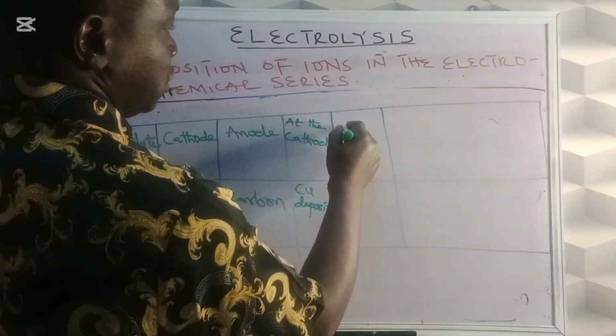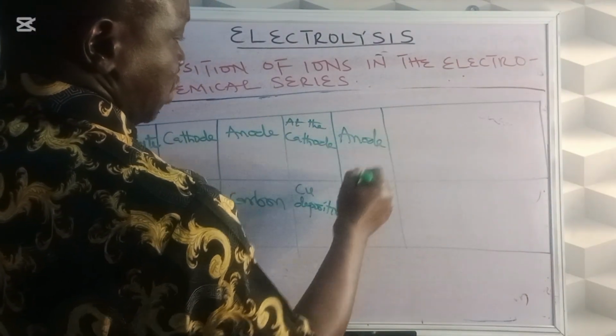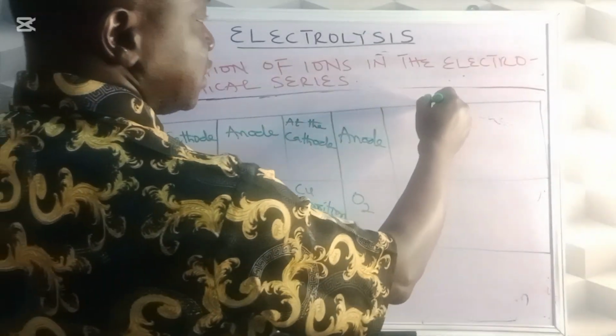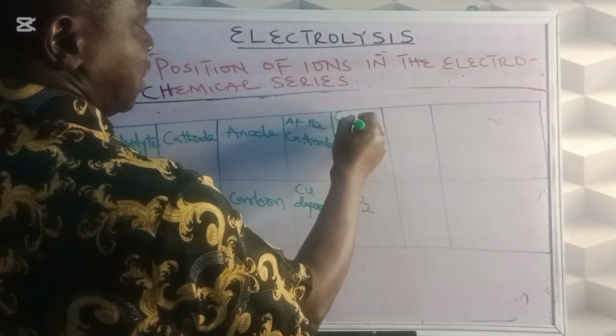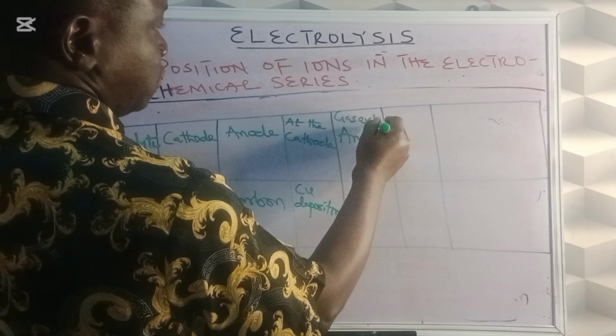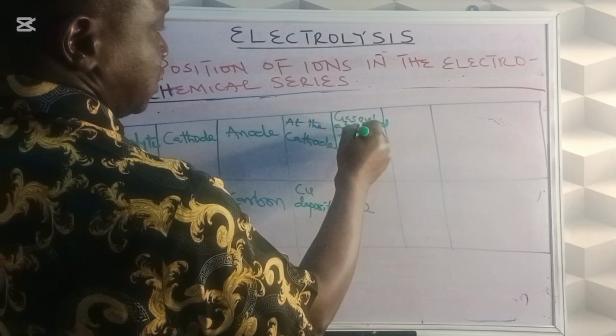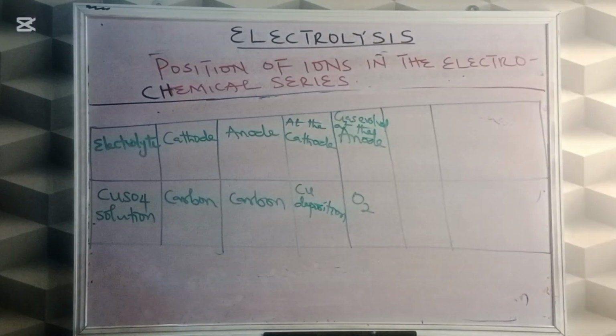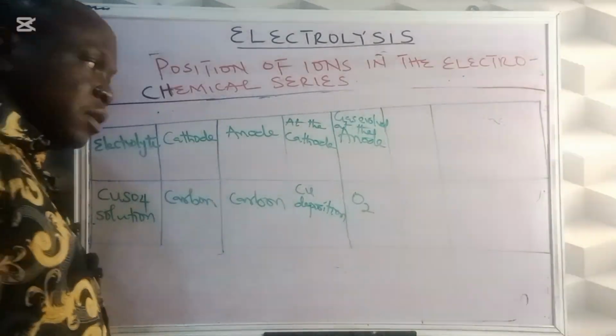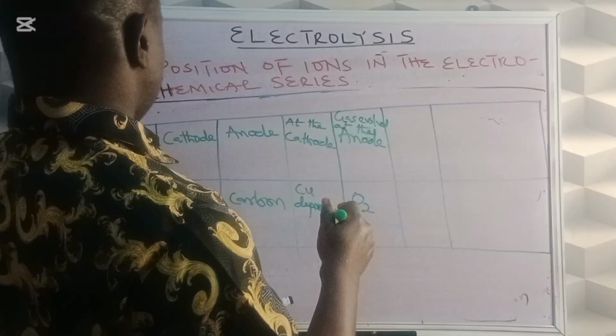At the anode, oxygen gas is liberated. The gas evolved at the anode is oxygen. So the metal deposited is copper.